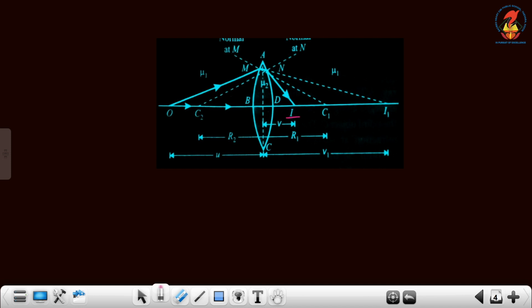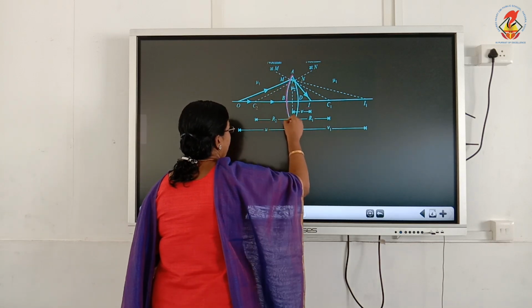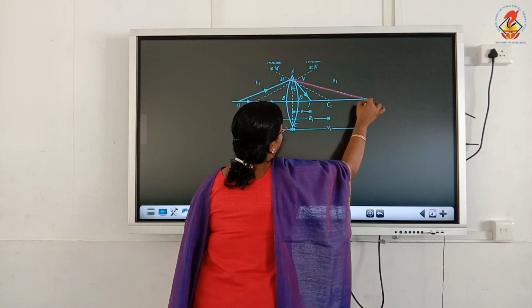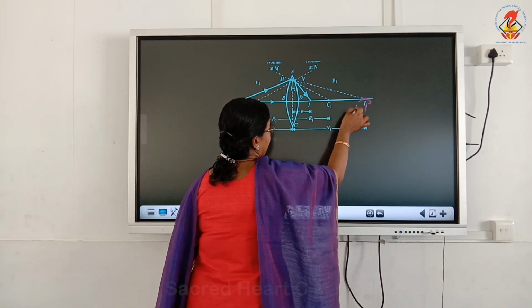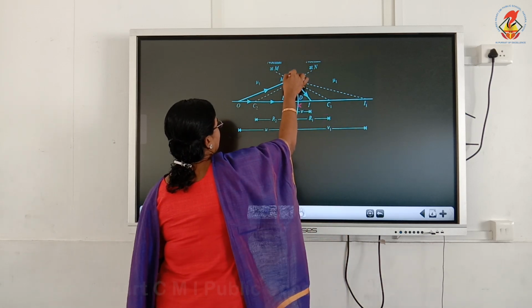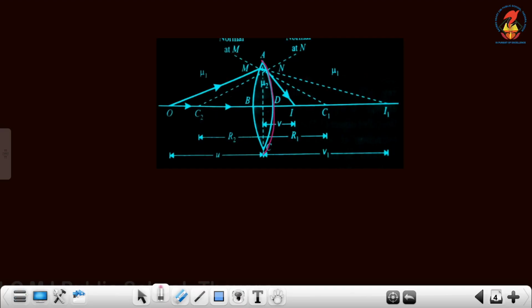Now, as I told you in the beginning of this video, the first refracting surface forms an imaginary image at I1, and this I1 acts as a virtual object for the second refracting surface ADC, and after refraction we obtain the final image at I. We only see the object and the final image.